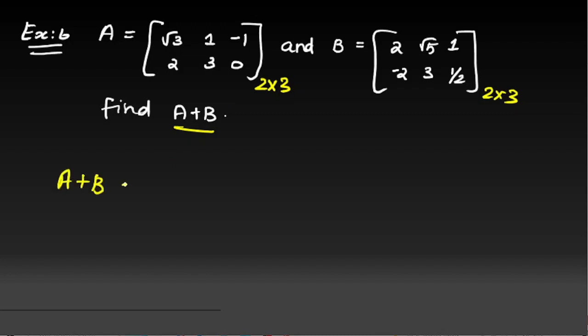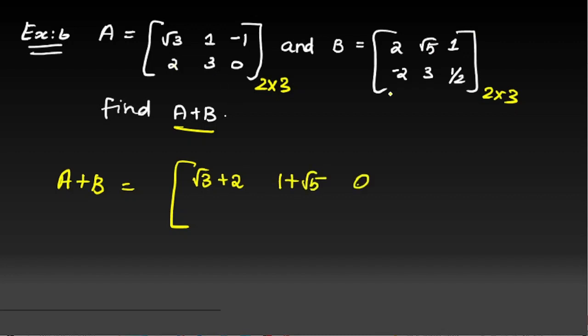A plus B, next thing, how should you add? You should add the corresponding elements, that is, the corresponding entries. So now you have to add root 3 plus 2. There is no way to simplify, so root 3 plus 2 as it is you have to write. Then 1 plus root 5, no way, 1 plus root 5. Then minus 1 plus 1 is 0.